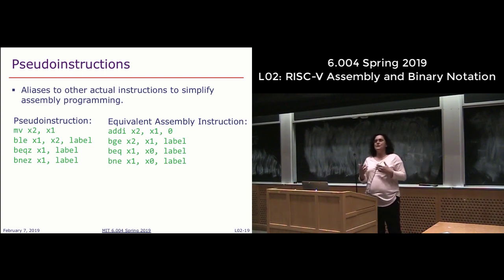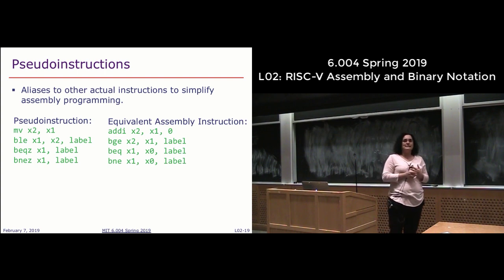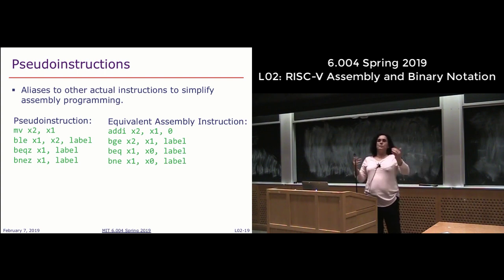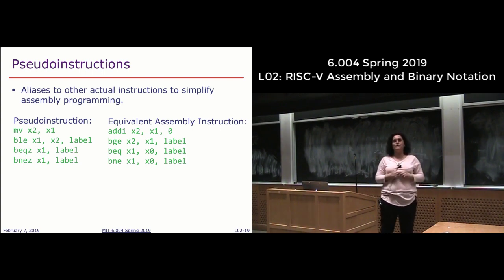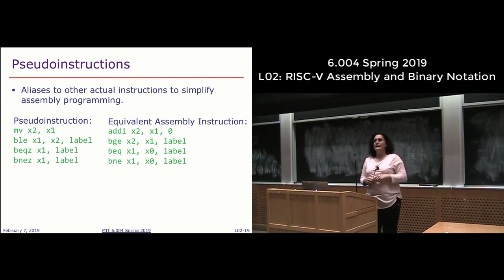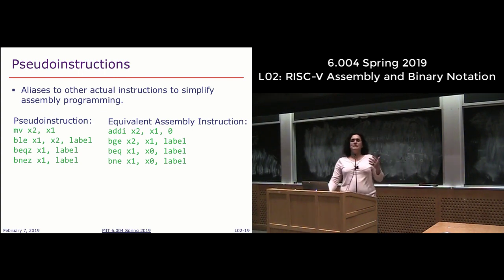But sometimes it turns out that it's easier for us to think about, instead of branch on less than, maybe I want to do a branch on less than or equal to, even though officially that's not an actual RISC-V instruction. Because we're always able to express that in terms of other pre-existing instructions, there is actually support for this in RISC-V, and we call these pseudo-instructions. They're basically an alias to another instruction that we already have support for.